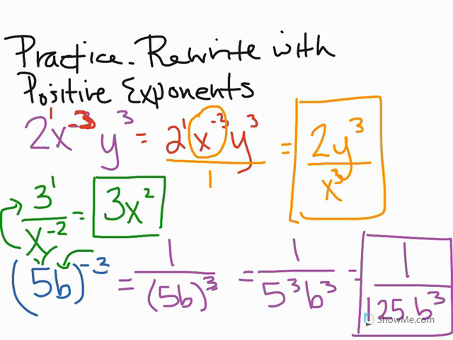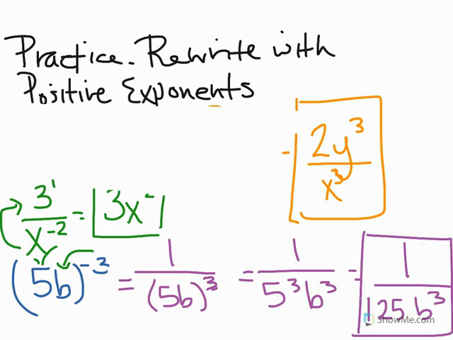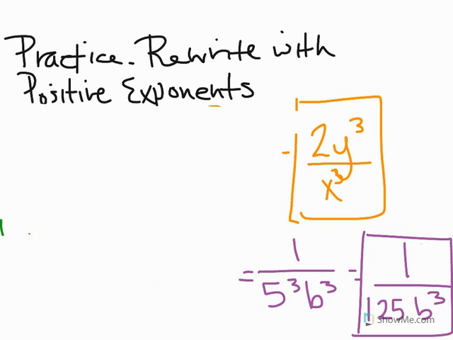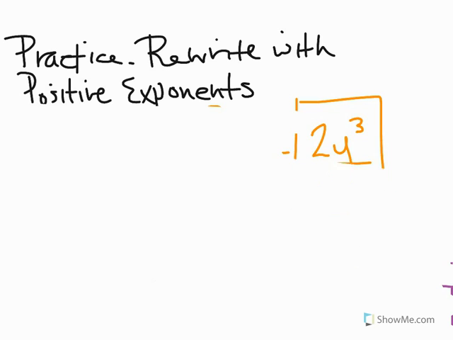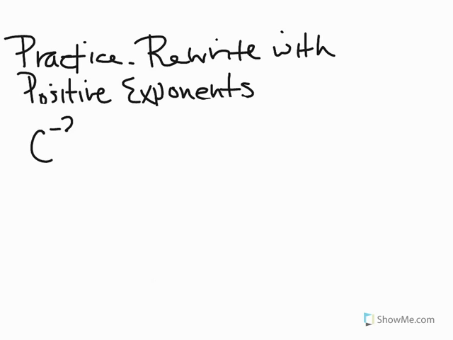Let's do 2 more practice problems, and then we'll call it a day. Alright, let's say you've got c to the negative second over d to the negative third.